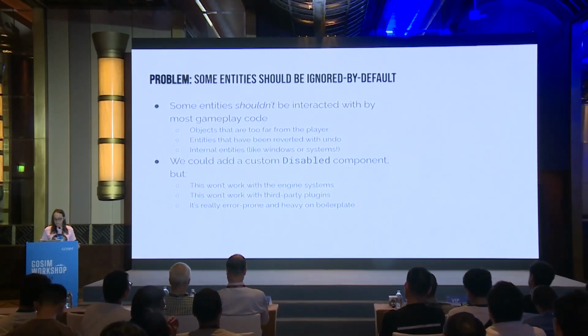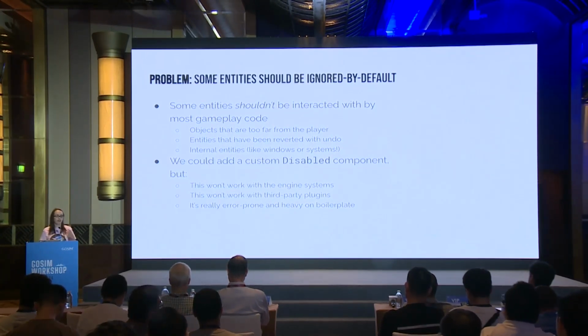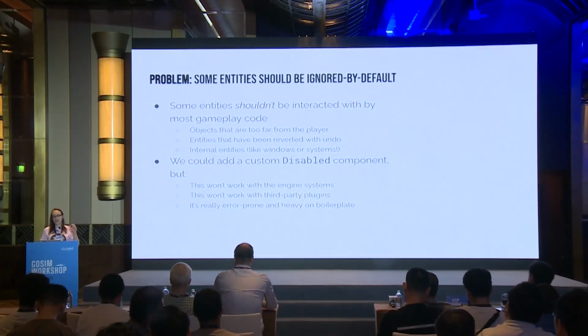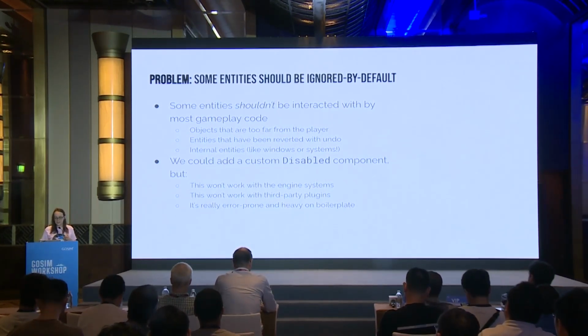And so we could add a custom disabled component, which we then filter on in all of those relevant systems to say without disabled. But that sucks. Having to write without disabled everywhere on all of your systems, otherwise you get these horrible, strange bugs, is bad.